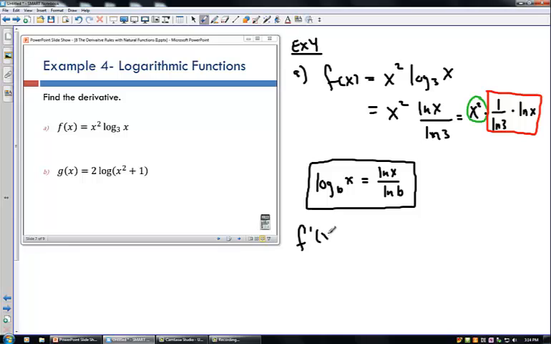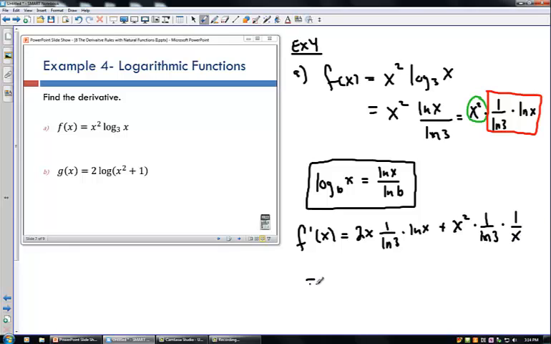F prime of x is equal to the derivative of the first, which is 2x, times the second, so 1 over ln of 3, times ln of x, plus the first function, which is just x squared, times the derivative of the second. Now the derivative of the second function is just a constant times a function, so the derivative is just a constant, 1 over ln of 3 times the derivative of ln of x. And the derivative of ln of x, which we learned just today, was 1 over x.